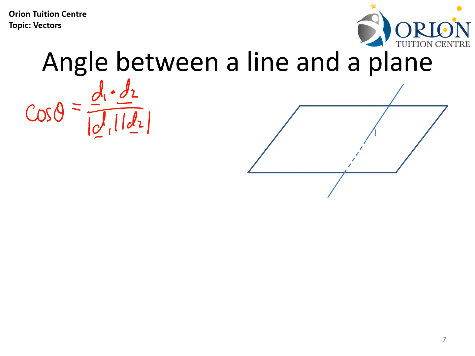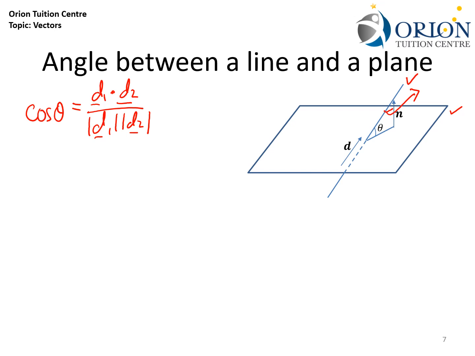Imagine that we have this plane now and this line. The characteristic directions that we are going to use are the direction vector of the line and the normal of the plane. And if we apply the cosine inverse formula, we will end up with the angle that is in between these two characteristic directions instead. Let's say the angle between the line and the plane is theta.